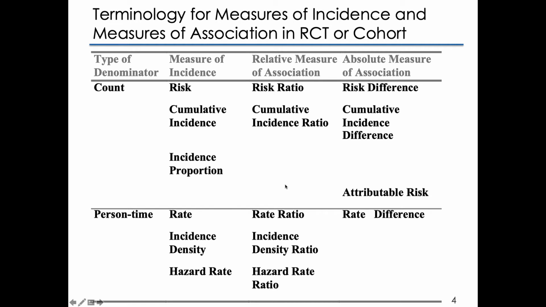So in the third column on the lower half, the measures of association based on a person-time denominator include a rate ratio, an incidence density ratio, which are actually equivalent, different terms for the same measure, and then a hazard rate ratio, which is something else, which we'll get to later in the lecture. And then the absolute measure would be called a rate difference.